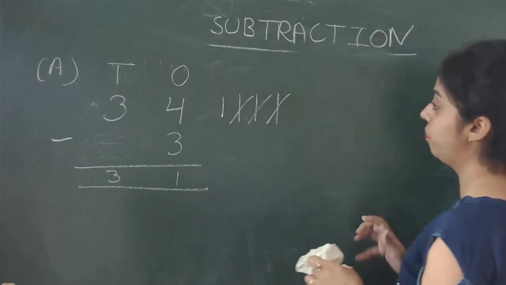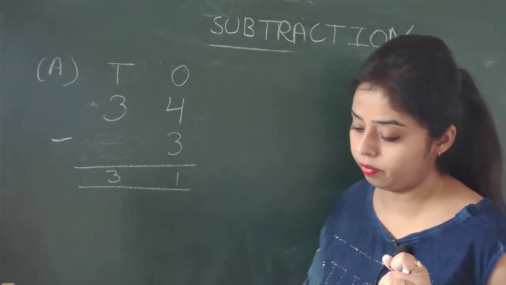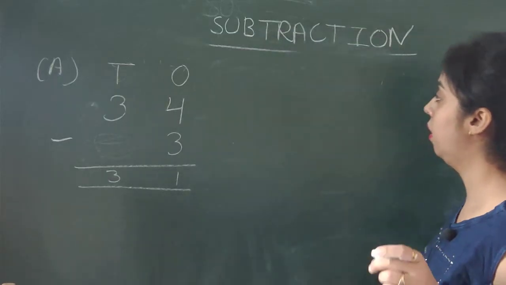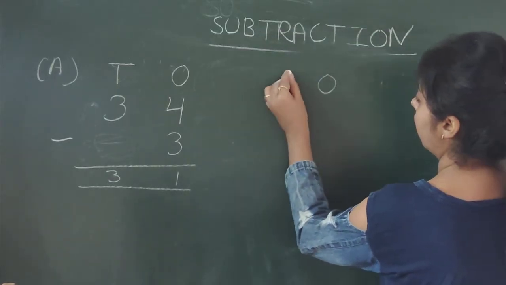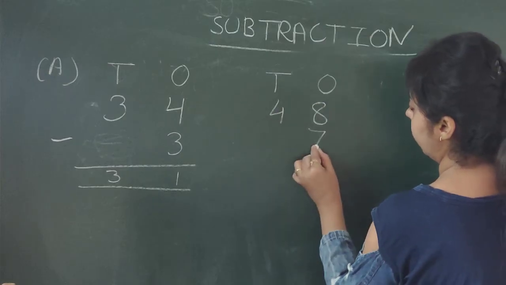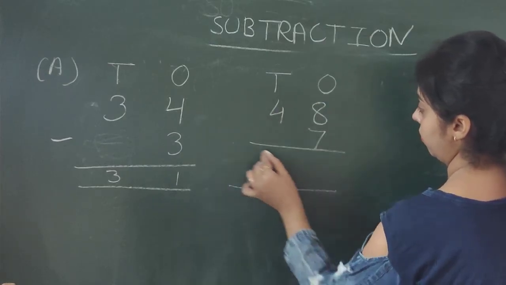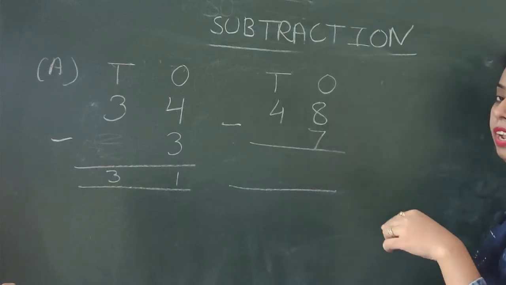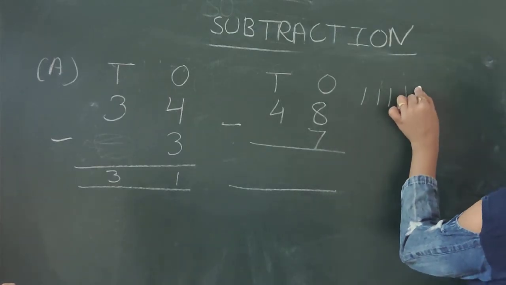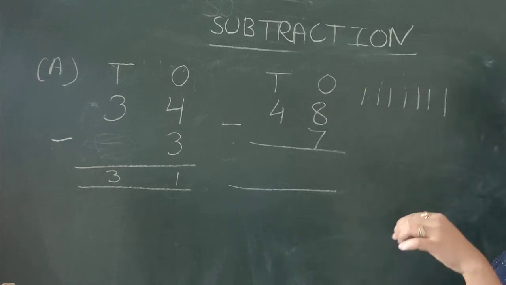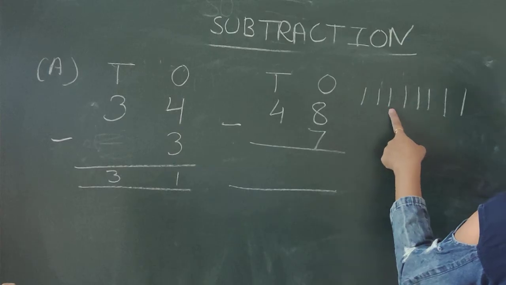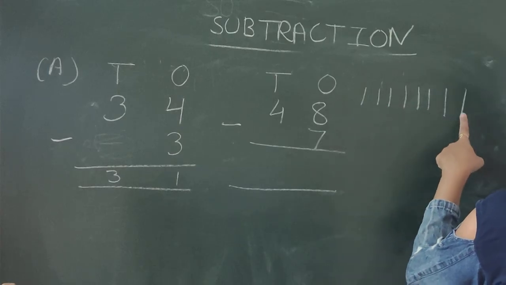Right now, B is 48 subtract the 7. 8 subtract the 7. 1, 2, 3, 4, 5, 6, 7 and 8.